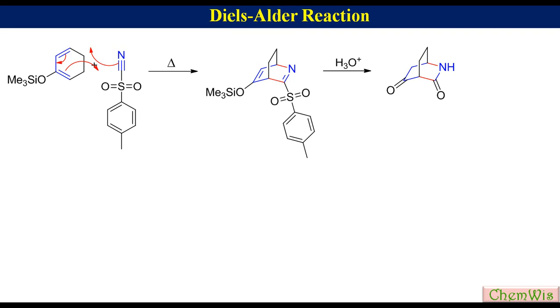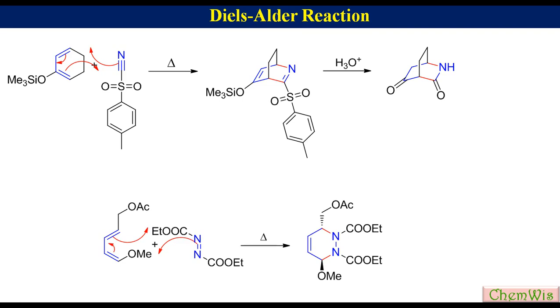Reaction of butadiene derivative with azo compound gives tetrahydropyridazine derivative. For example, this butadiene derivative undergoes Diels-Alder reaction to produce this tetrahydropyridazine derivative.